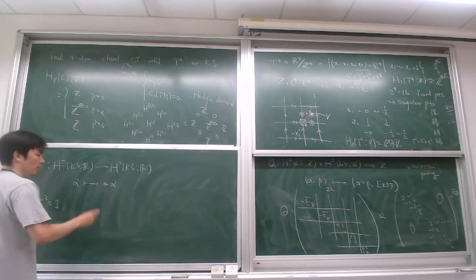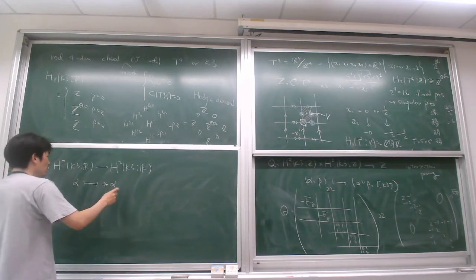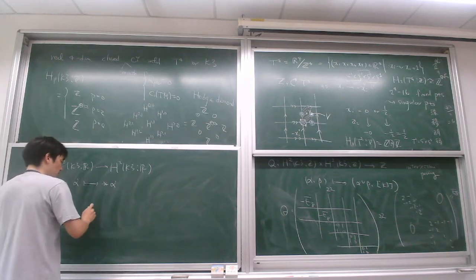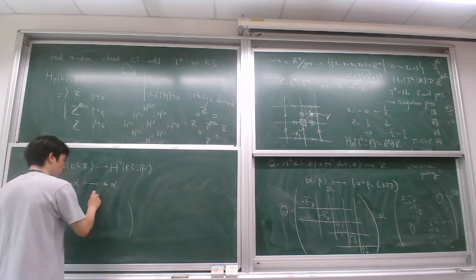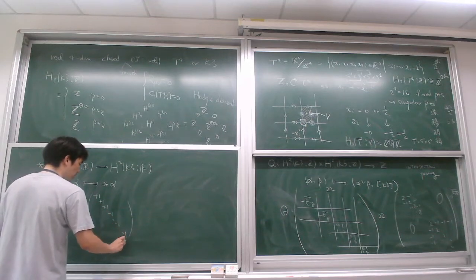So therefore it becomes a matrix which is just plus 1, plus 1, plus 1, and minus 1, minus 1.